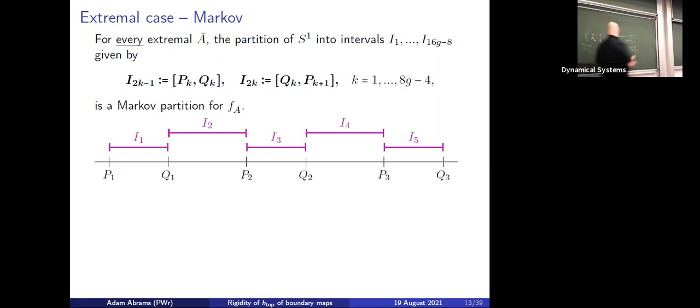But you do know what's happening between Q1 and P2 in this case. And that's why the even rows of the transition matrices are the same for all of the different extremal parameters.